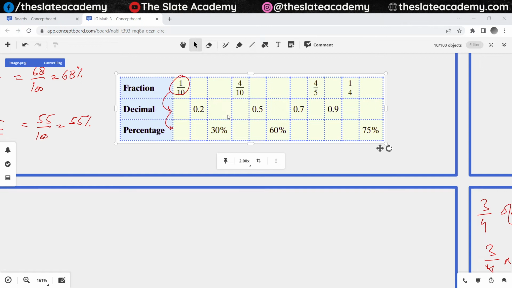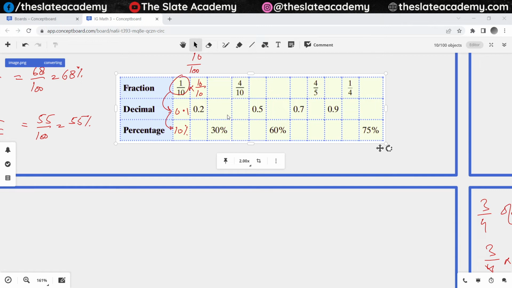Miss Anam, are you there? 0.1 for decimal and for percentage? So for this fraction, I multiply the denominator with 10 to make it 100 and I'll multiply the numerator as well. So it would become 10 out of 100, which is 10%.